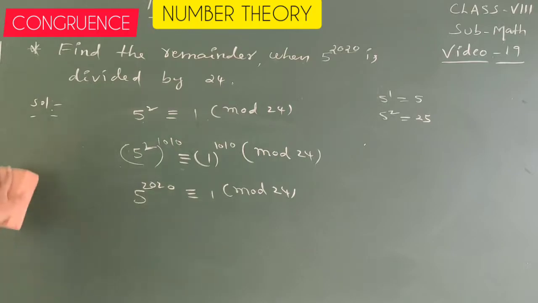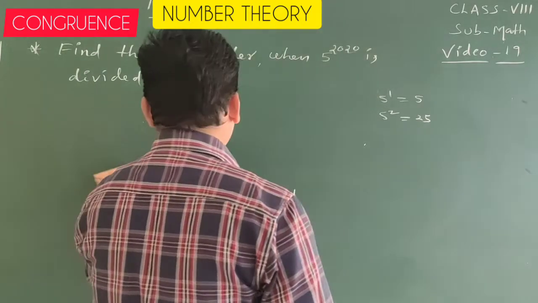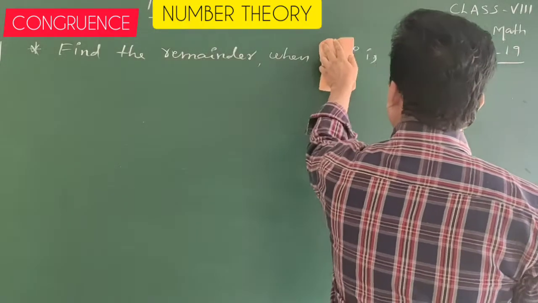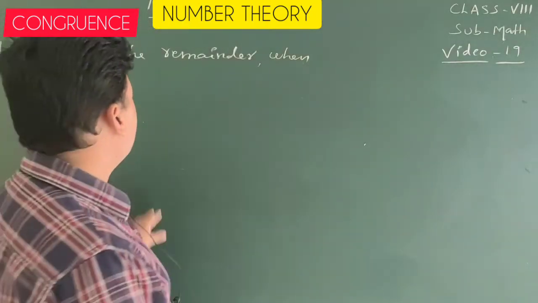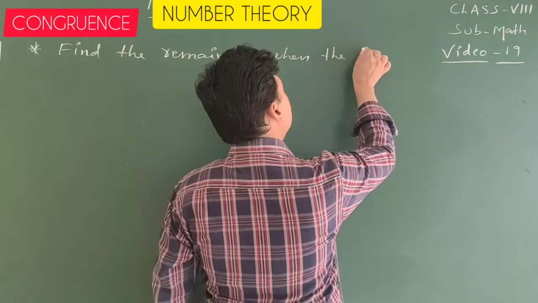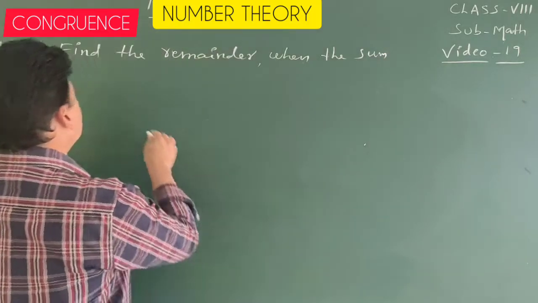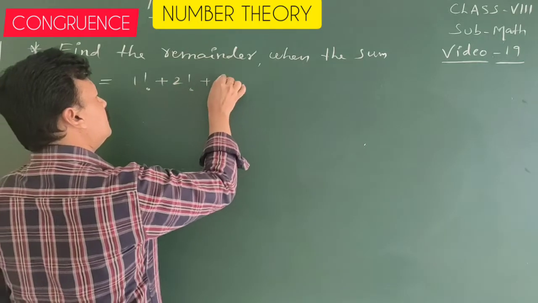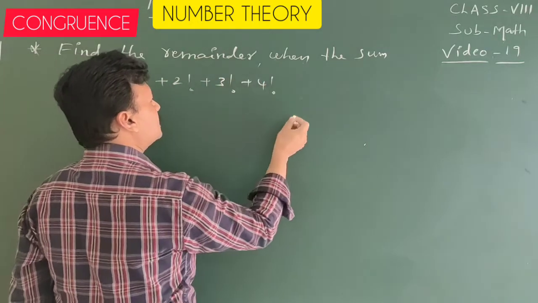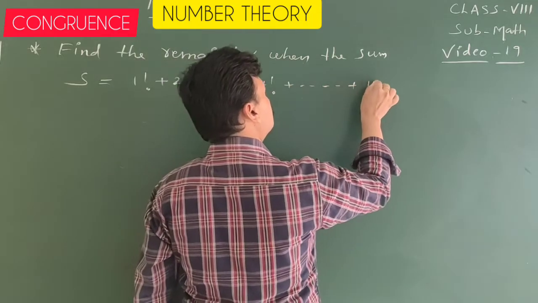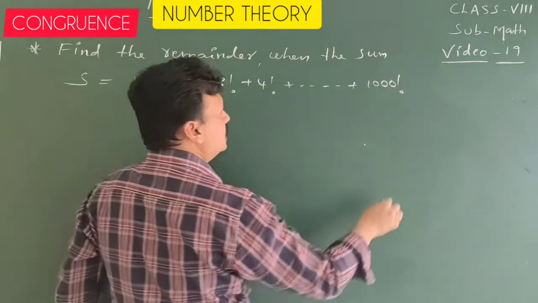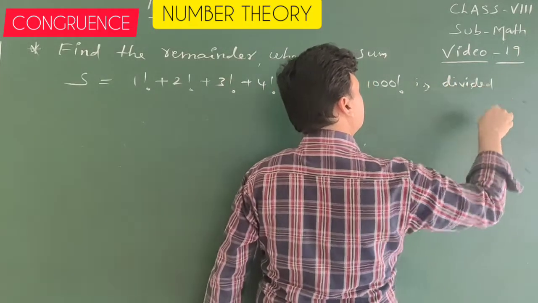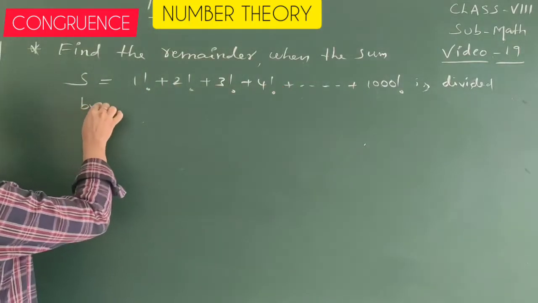Next, find the remainder when the sum 1 factorial plus 2 factorial plus 3 factorial plus 4 factorial and so on up to 1000 factorial is divided by 8.